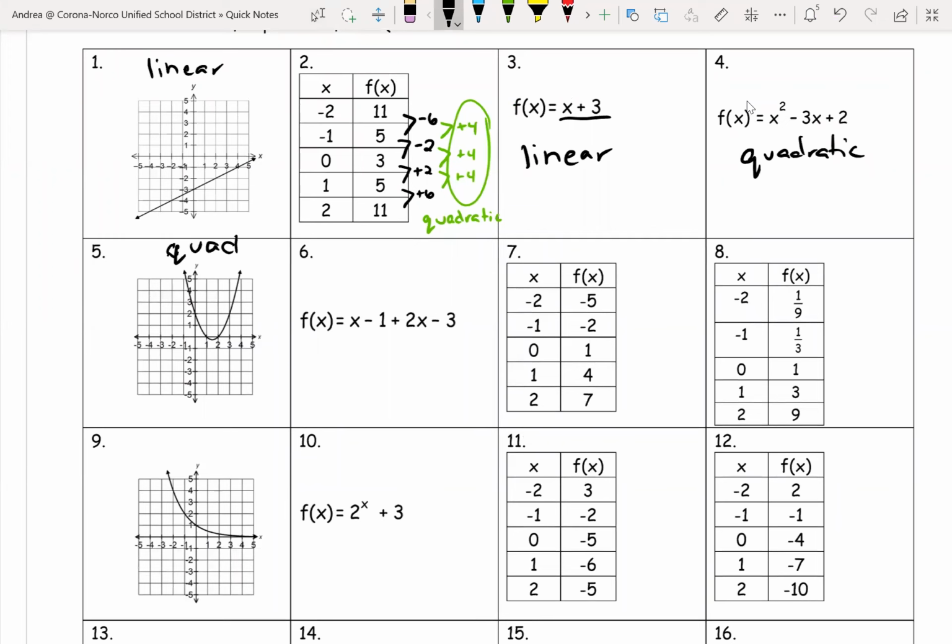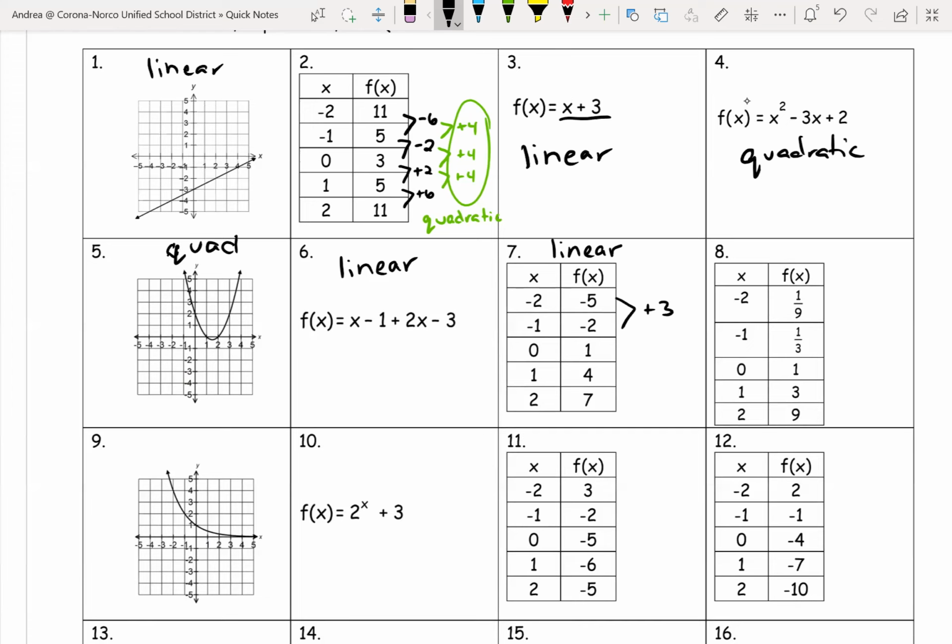Jazz, what'd you get for number 6? Zane, what'd you get for number 7? Okay, that first difference was +3. You're adding 3 each time.